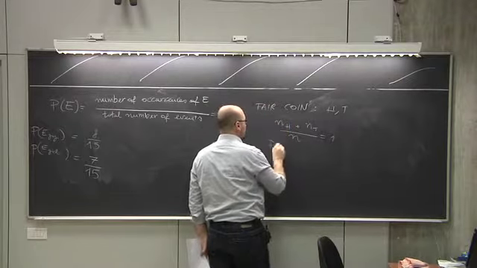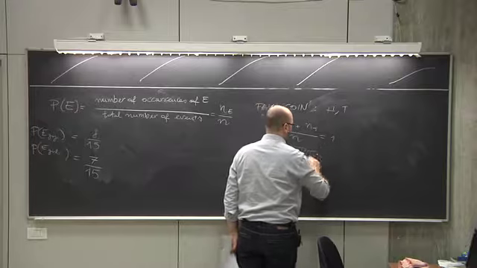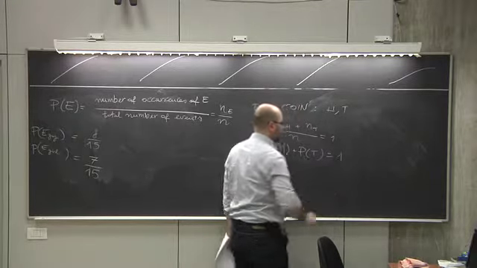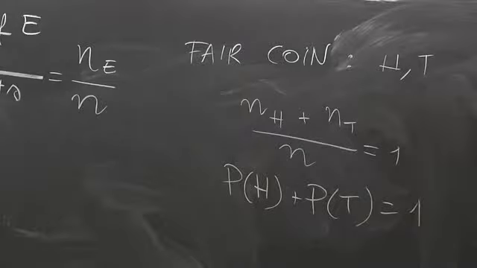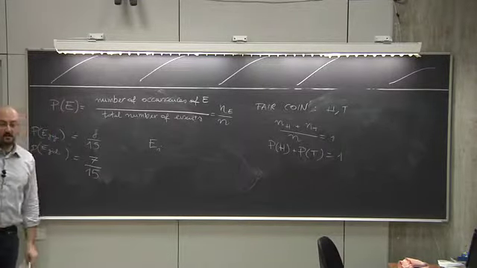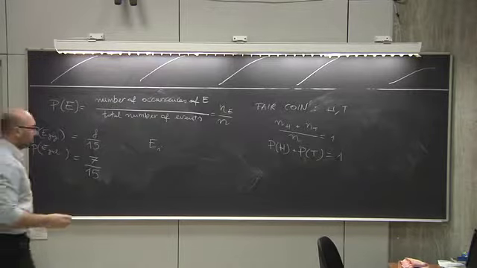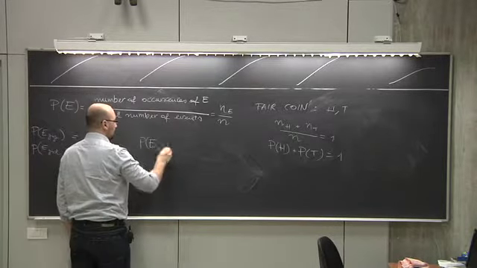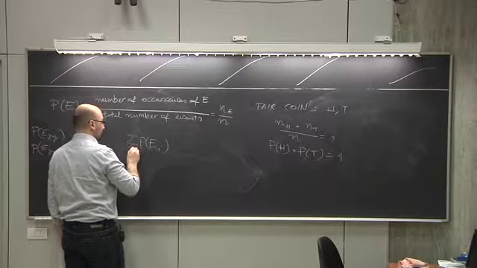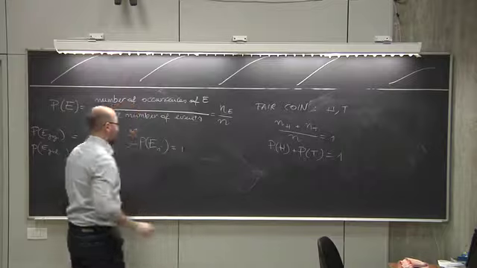And this, in terms of probabilities, can be written like this: probability of head plus probability of tail is equal to 1. If we have a series of events, Ei, which are independent and mutually exclusive, then the sum of the probabilities of these events has to be 1.